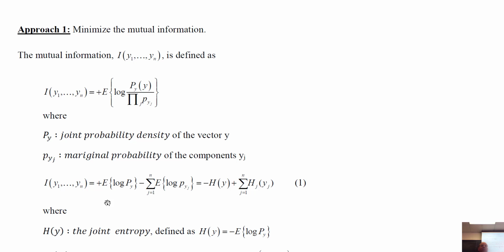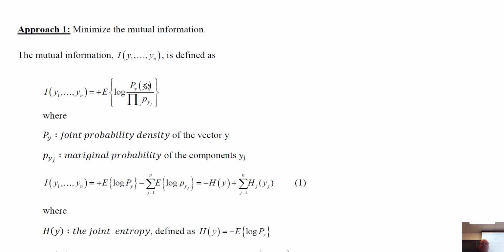So now there's the concept of mutual information. If you have this vector y, with n components, you have the joint density, and you have the product of the marginal densities, and you take the natural log of the ratio.